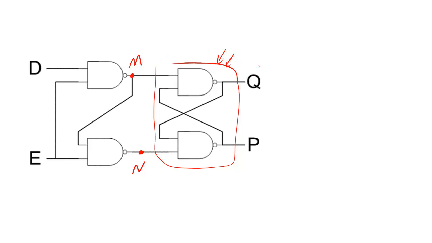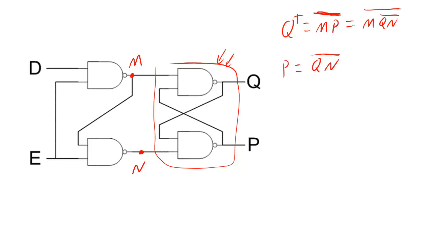So what we're going to do is solve for Q and P in terms of M and N. Q plus is equal to, so here we've got M and P NANDed together. And then we've got P is equal to Q and N NANDed together. So we do a variable substitution up here, and now we've got M, Q, N, NANDed.